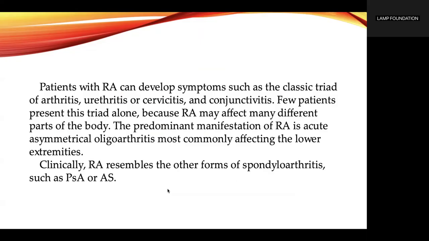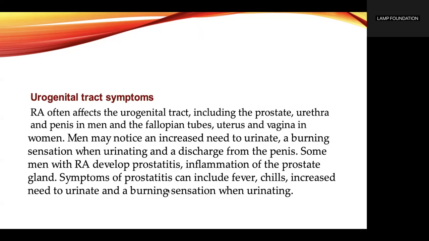Few patients present this triad alone because RA may affect many different parts of the body. The predominant manifestation of RA is acute asymmetrical oligoarthritis, most commonly affecting the lower extremities. Clinically, RA resembles the other forms of spondyloarthritis, such as psoriatic arthritis or ankylosing spondylitis.